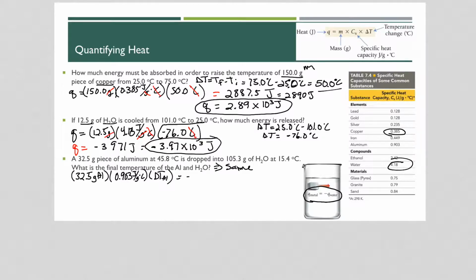And this is going to equal the negative mass of the water, 105.3 grams, times the specific heat of the water times the delta T of the water. Okay, so we have this basic setup here.